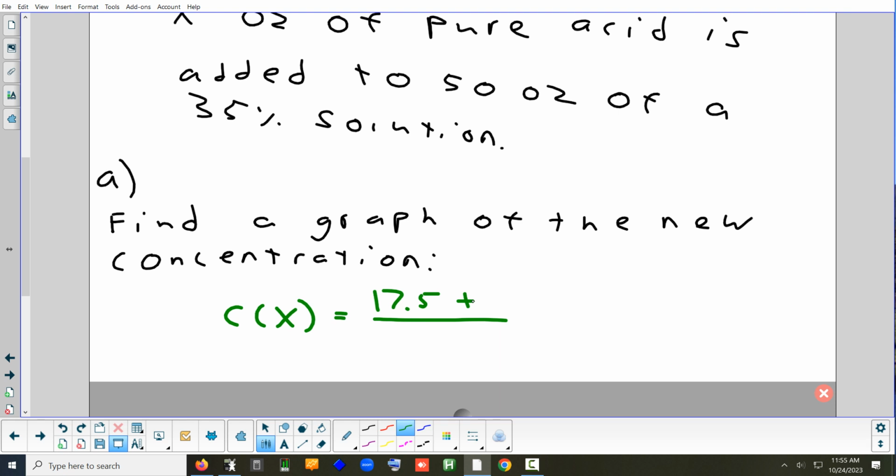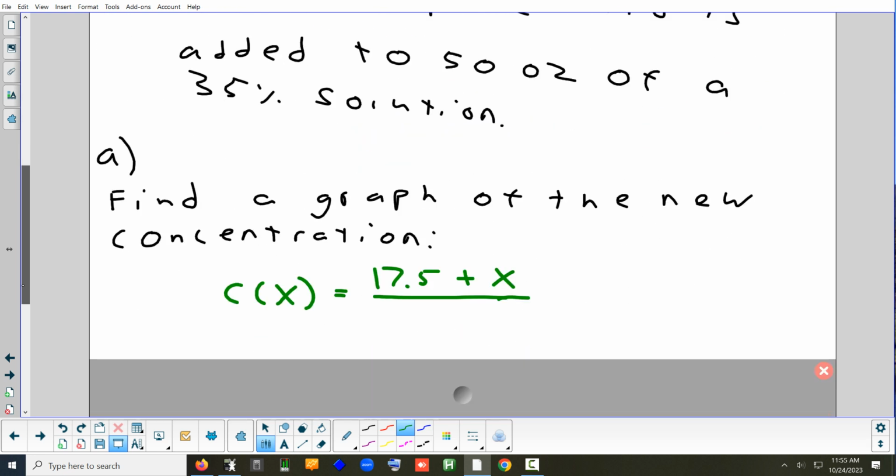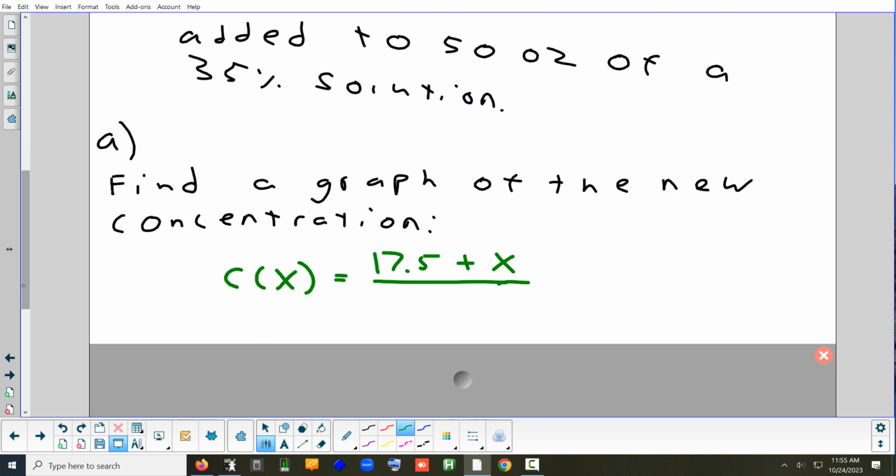Yeah, we're going to add X. So when we're done, there's going to be that much acid. X could be 0. We don't add anything. Now we need to divide by the total amount of liquid. How much liquid did we start with? We started with 50. And how much liquid did we add to it?